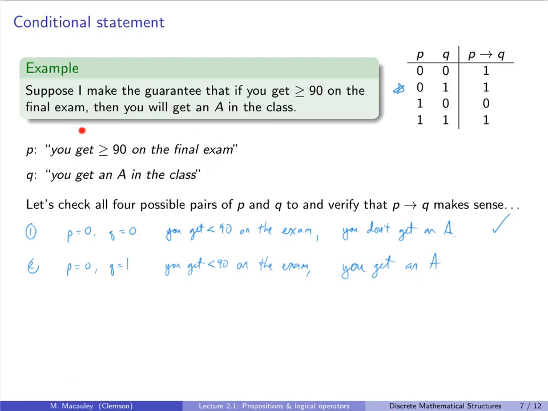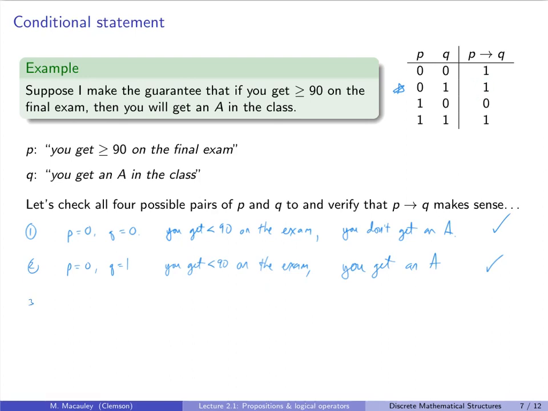Did I break my promise? No. So you did not satisfy this condition, but you still got an A in the class. Nothing about my guarantee was broken. So if this guarantee is on my syllabus, I did not break the rules of my syllabus. So that checks out. And that's why this entry up here is 1.